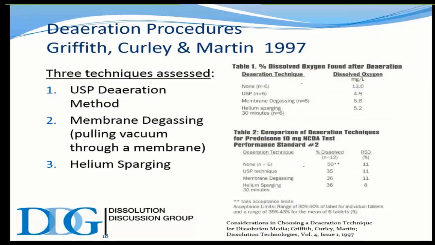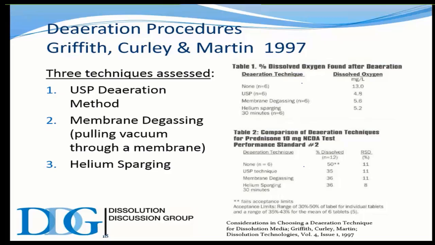And through the USP test, that dropped down below 5. Some membrane degassing methods, just pulling a vacuum through a membrane, maybe without the preheating, gets it down to about the 5.6 range or so. And then, of course, helium sparging gets that fairly low as well, down to about 5.2 parts per million.